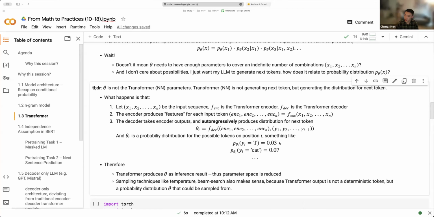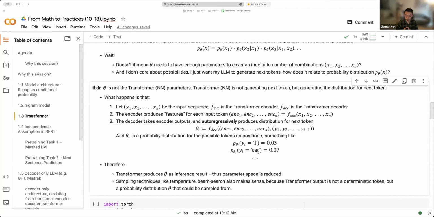When we are using a large language model, a lot of times we think of it as: I just give it some input and it will pop out the next token continuously. But actually, as you mentioned, there's a sampling process. The transformer gives us a distribution of the likelihood of the next token. The next token might be I, it might be cat, it might be today, it might be sunny. It could be all different words, and all different words have different likelihoods.